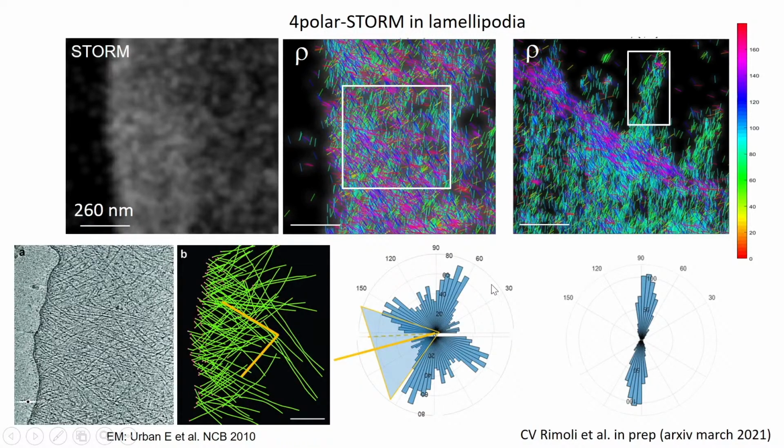And this is an example of a histogram where we can observe a bimodal distribution of actin orientations, which resembles somewhat what people have observed in electron microscopy, most probably due to the Arp2/3 crosslinker, which forces actin to be branched here. This could be observed at very different scales here in STORM, and it is clearly highly different from what we can see from stress fibers, which are clearly single directional structures, as you can see here in this other part of the cell.